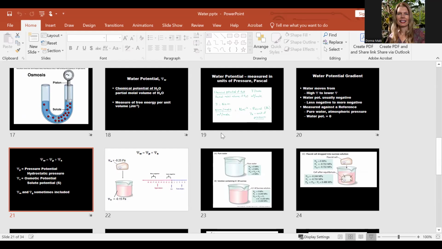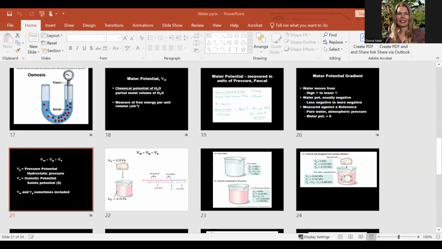So just knowing the basic idea of the equation, and then what is Psi P referring to? What is Psi S referring to? We talked a lot about how solutes, Psi S, are the solutes that are in the water system that you're looking at. And more solutes, more negative Psi S.